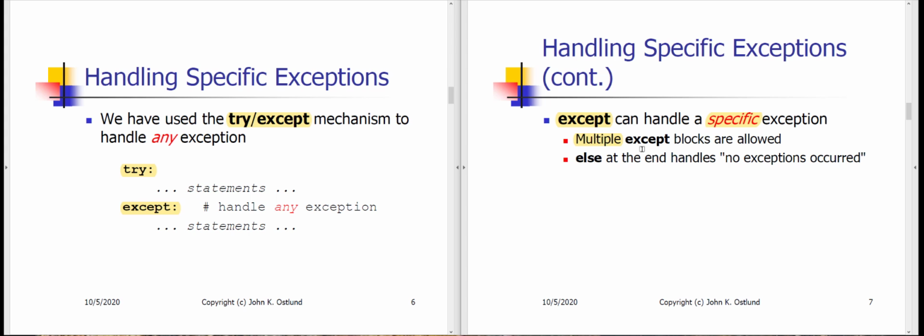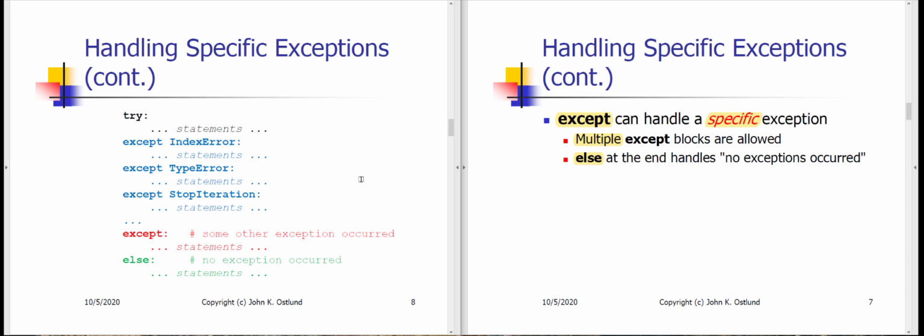We can also have an unlabeled except, which will handle any other kinds of exceptions. And furthermore, we can have a single else at the bottom in the case where no exception occurred. All right, so here's a more detailed example of a try and except chain.